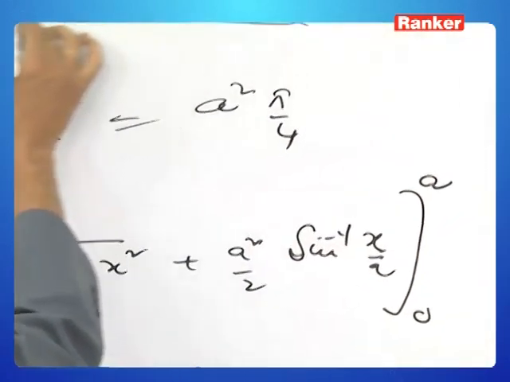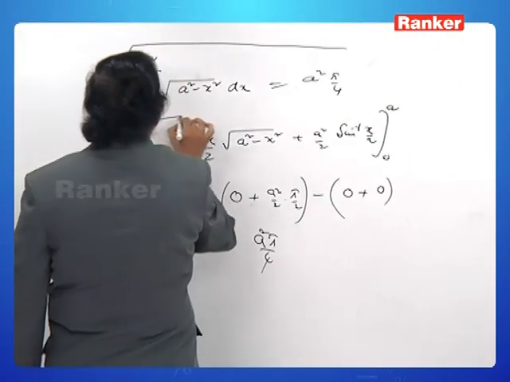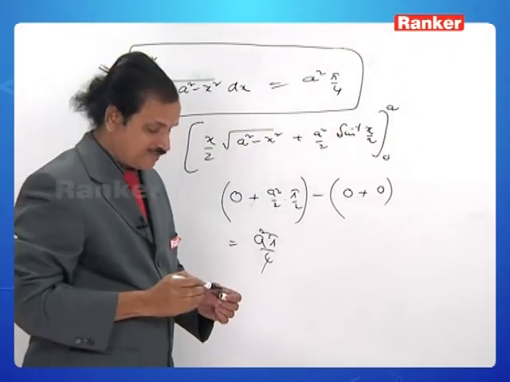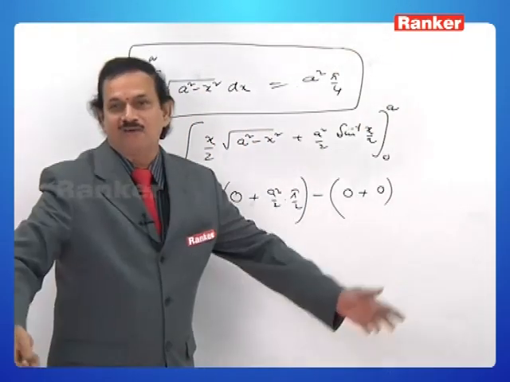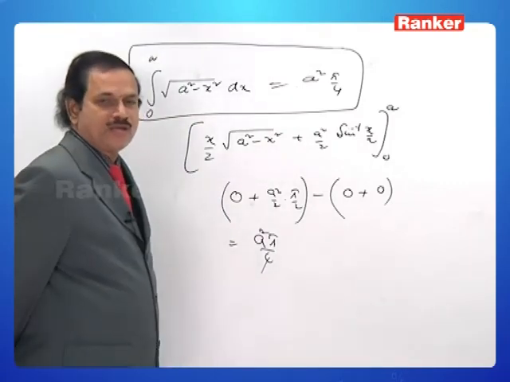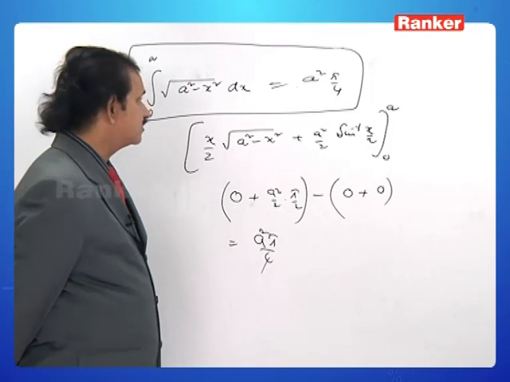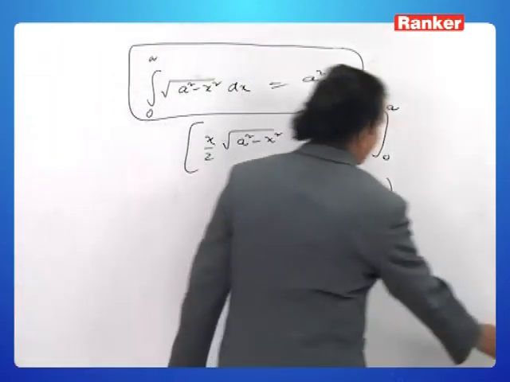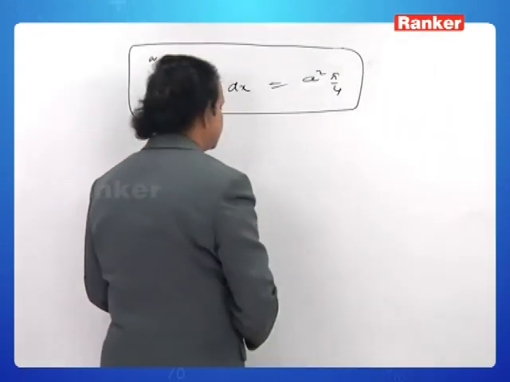And this standard problem will now become a standard result or a standard formula. As and when you look at integral 0 to a root of a square minus x square dx, it is just nothing but a square pi by 4. Look at this.